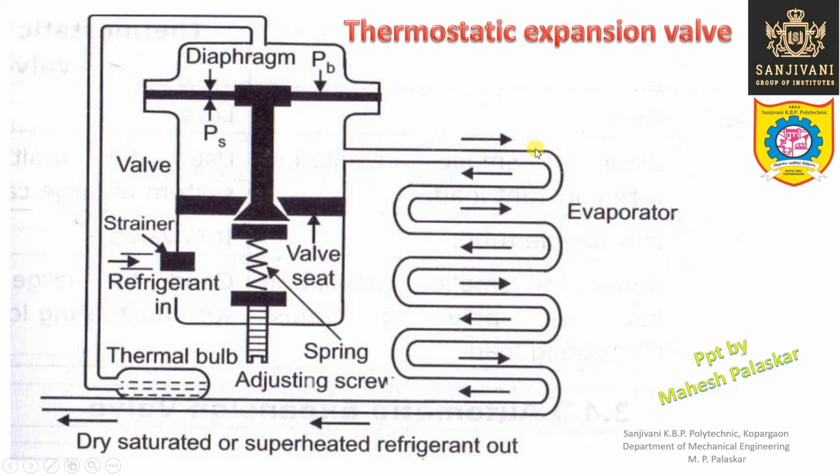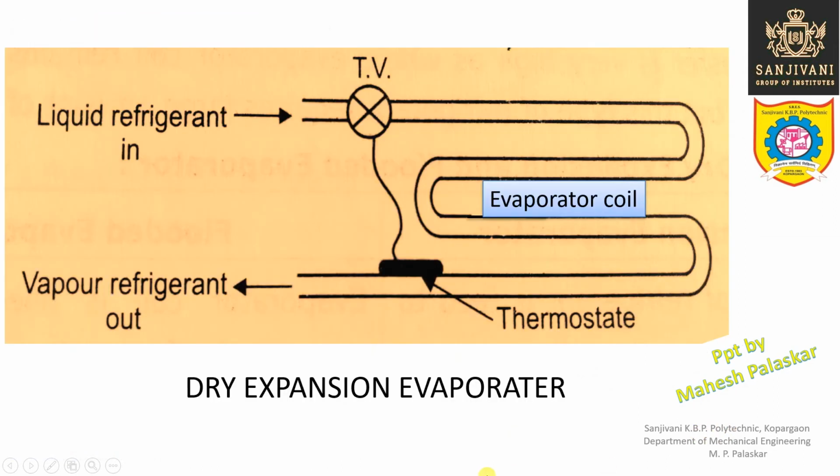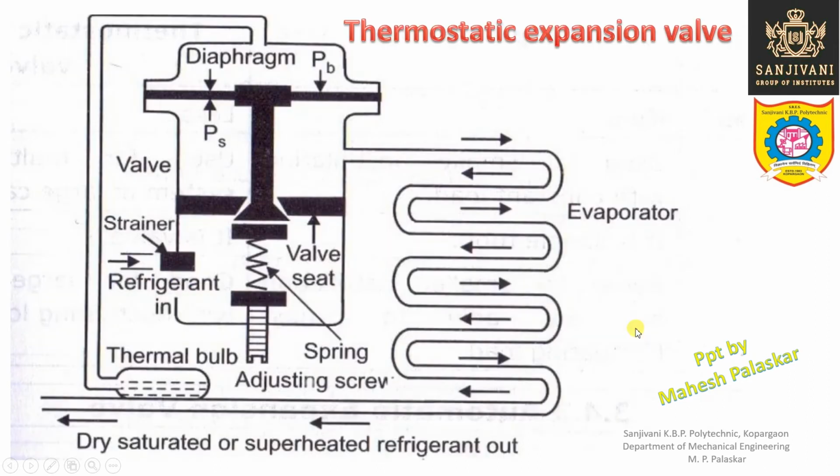Here also you can see the evaporator coil, and the refrigerant, when it leaves the coil, will give feedback through the thermal bulb and the capillary to the valve about the control of the flow rate of the refrigerant passing towards the evaporator. So that is the working of this dry expansion evaporator, which is used along with the thermostatic expansion valve.